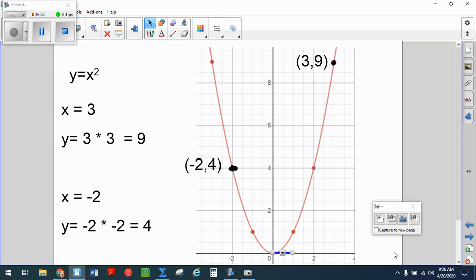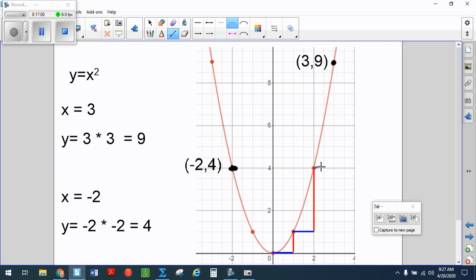If I go over 1 unit, this blue line is over 1, and this red line shows I went up 1. Then my next blue line, I went over 1, going from 1 to 2. And to go up to the next point, it went up this many boxes, but really that's only up 3. If you look, this is going from 1 to 2 to 3 to 4. So 1 to 4, it only went up 3.